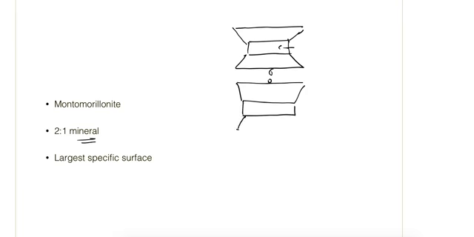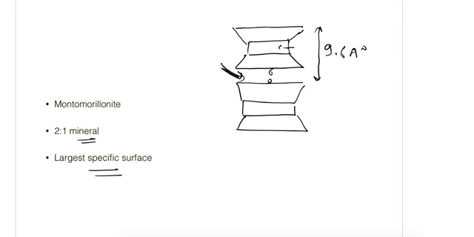So this is the structure. This distance in this case is 9.6 angstrom because of the presence of water, and it has the largest specific surface also.